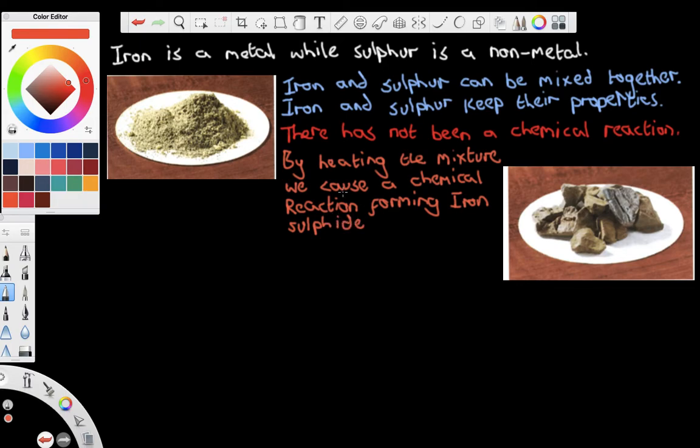Now, because iron sulfide is a compound, it will have different properties to both iron and sulfur.